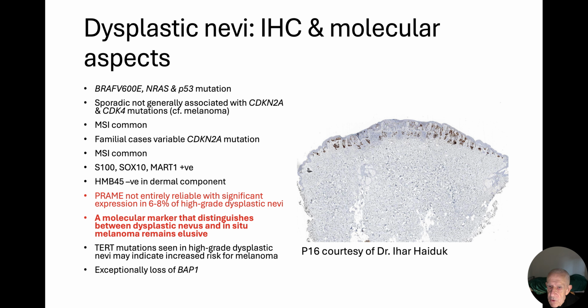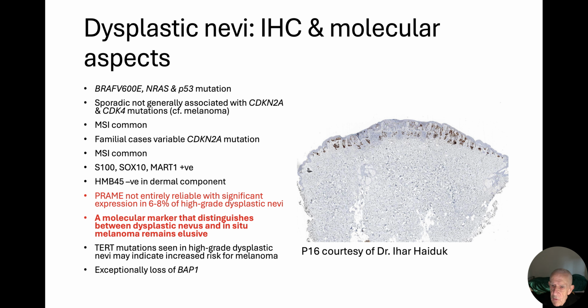And I think SOX10 can be very helpful in identifying pagetoid spread, which might not be so apparent on the H&E. And in a compound lesion, HMB45 can be helpful, because if the dermal component is very strongly positive, then it would suggest that you're looking at a melanoma arising in a dysplastic nevus.